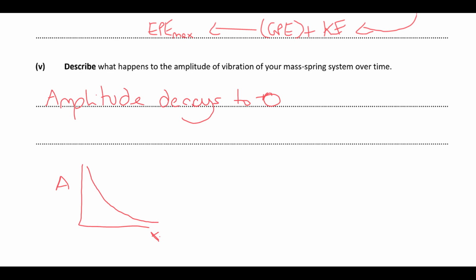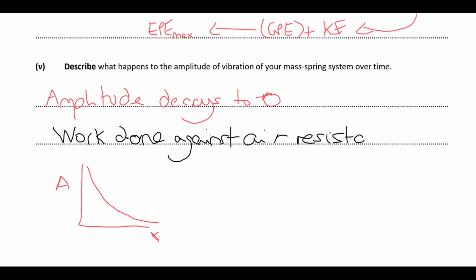The reason for that is some work is going to be done against air resistance. So some of the energy it could have in terms of GPE or kinetic energy is transferred to work. Your system is transferring energy to the surroundings at all times.